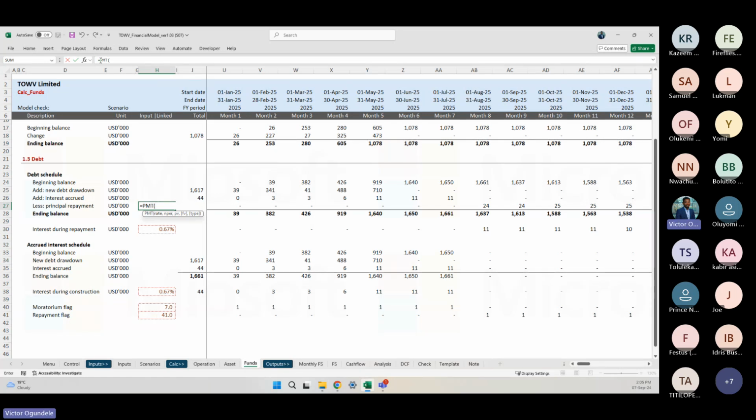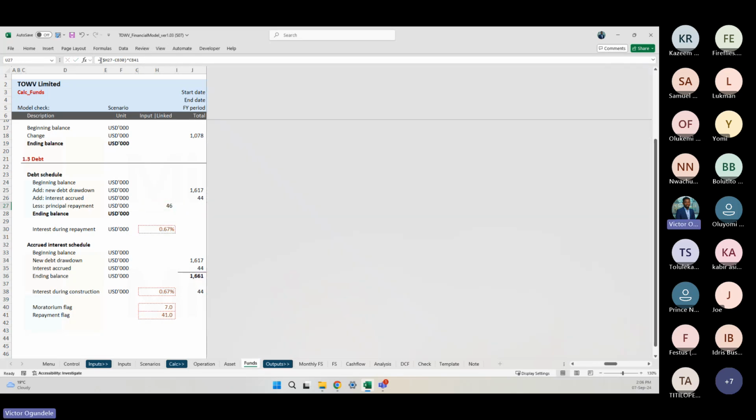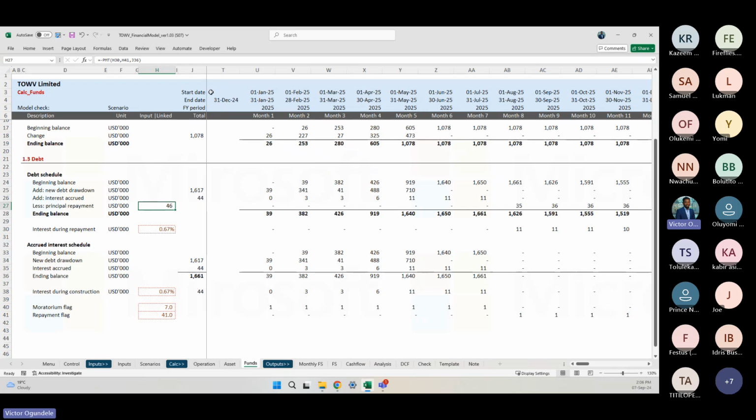If you know of any method too, I think that will work. I'm trying to see the one that will not scatter the class. Okay, all right. So let's use PMT.